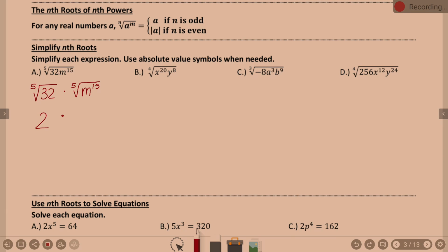Now, the fifth root of m to the 15th. Can you rewrite that in a different form? We spent the entire front page going into radicals. I want to go out of a radical this time. So the fifth root of m to the 15th is going to be m to what power?